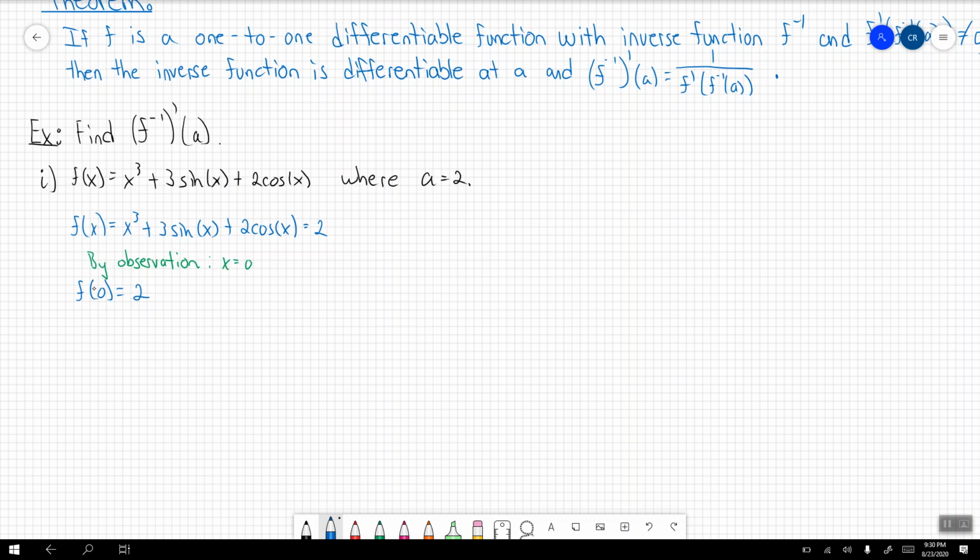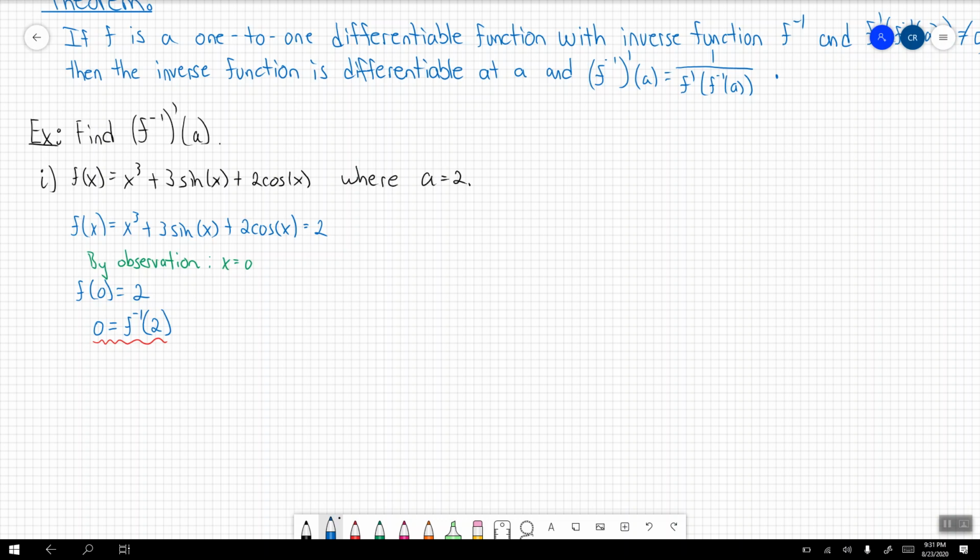Using the inverse operation, this tells me that 0 is equal to f inverse evaluated at 2. Awesome. This is one of my key aspects here, because I need that. Not only do I need that, what else do I need? I need to find the derivative for my function f. So let's go through and find that derivative.